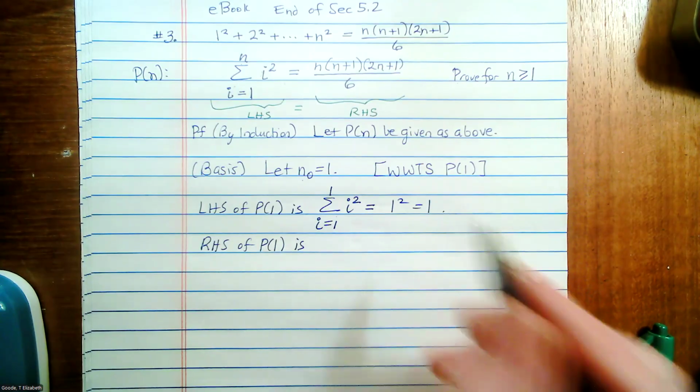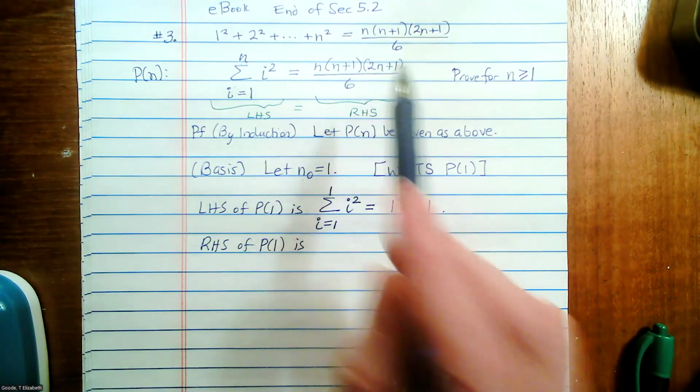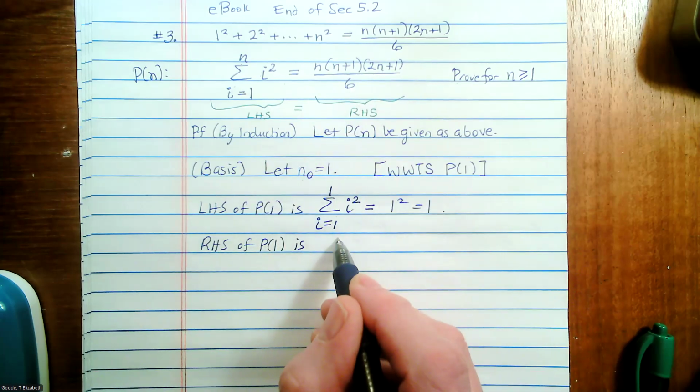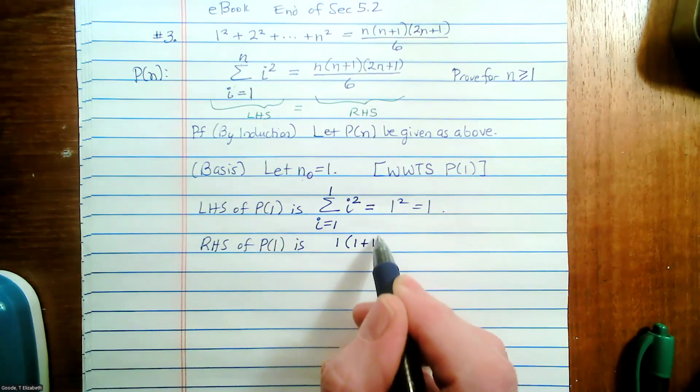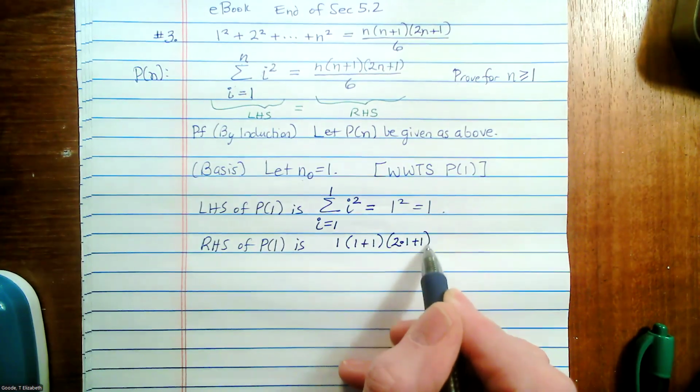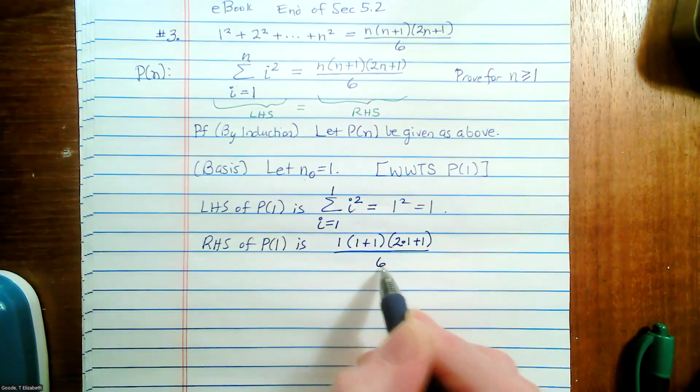Okay? Now let's take a look at the right-hand side of P of 1. We'll put a 1 in for n everywhere. So it's 1 times (1 plus 1) times (2 times 1 plus 1) over 6.